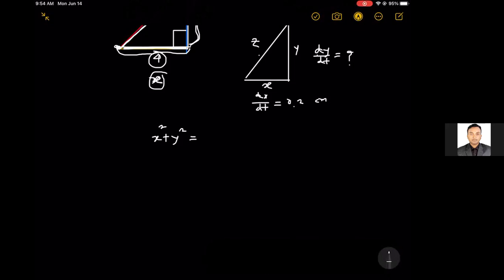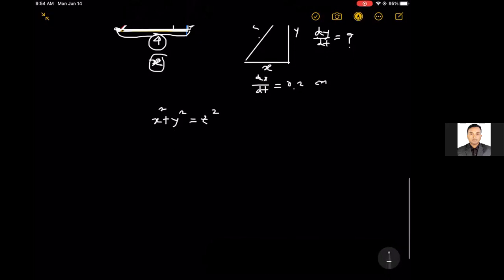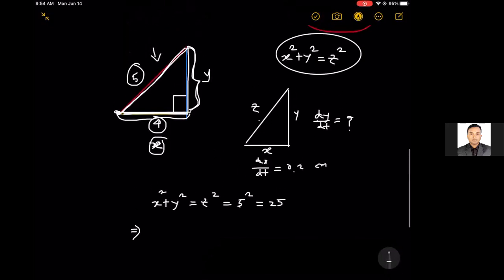And this is z squared. And this is basically 5 squared, right? This is given. That's my z, right?